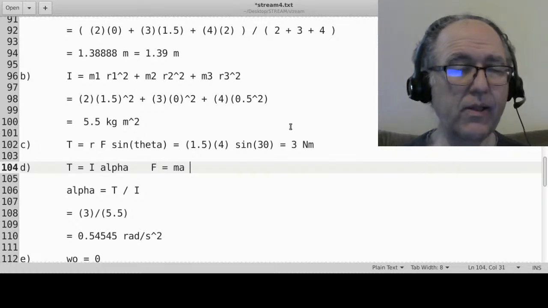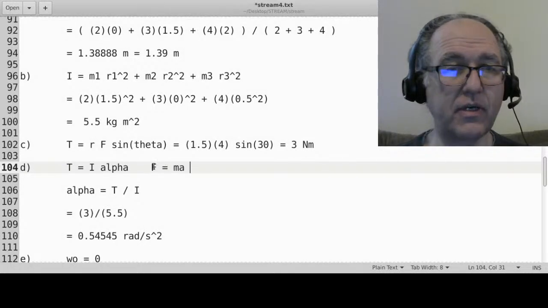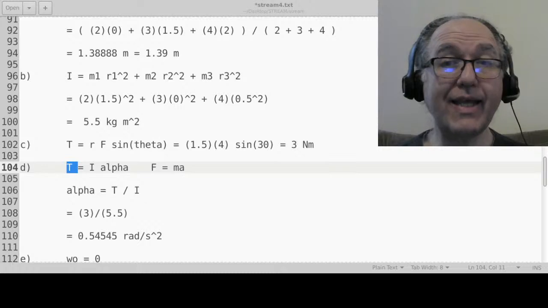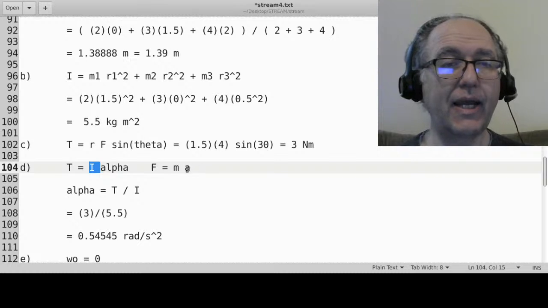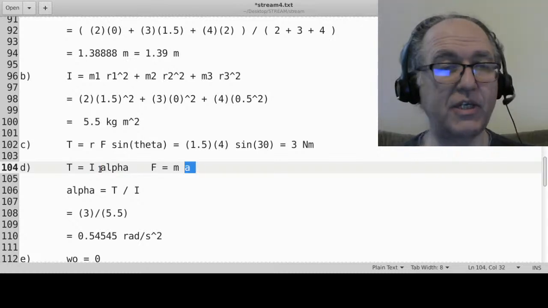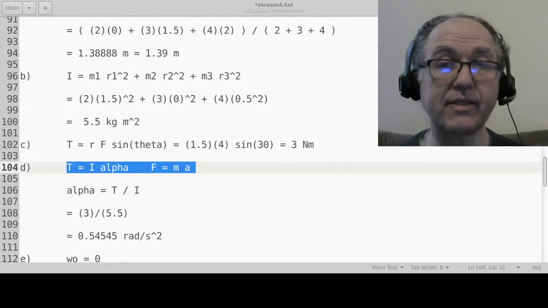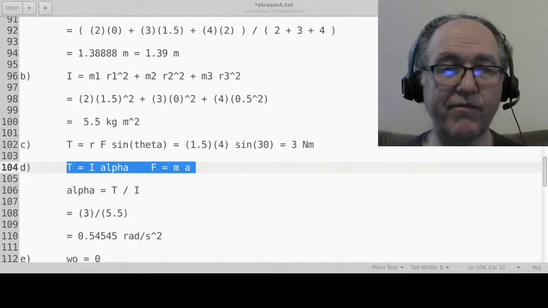The angular equivalent of force is torque, the angular equivalent of mass is moment of inertia, and the angular equivalent of acceleration is angular acceleration. So tau is equal to I alpha really is F equals ma, just in its angular form.